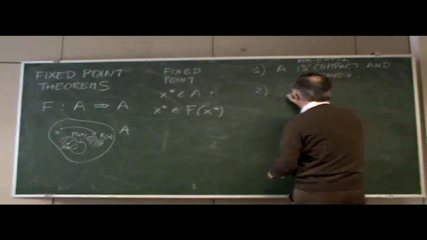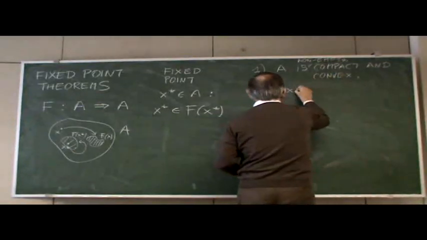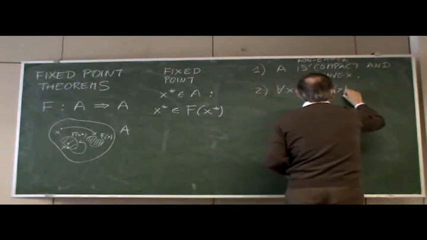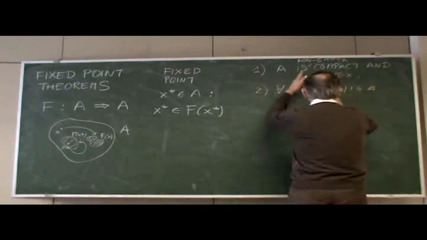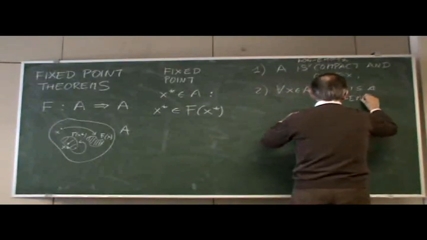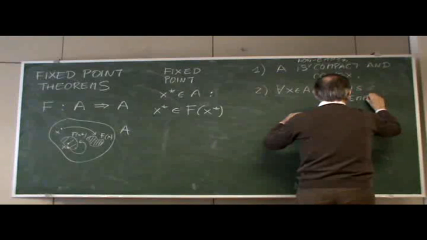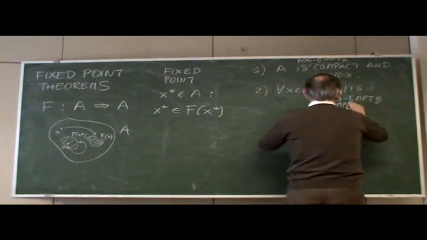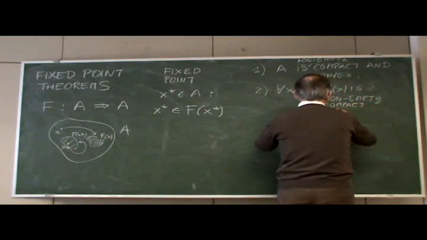First property, for every x in A, f of x is, another time, a non-empty, compact, and convex set.